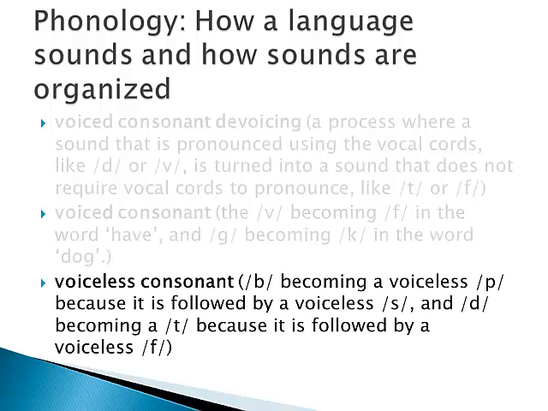When a voiced consonant is followed by a voiceless consonant, b becoming a voiceless p because it is followed by a voiceless s, and d becoming a t because it is followed by a voiceless f.